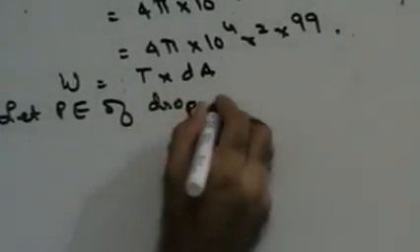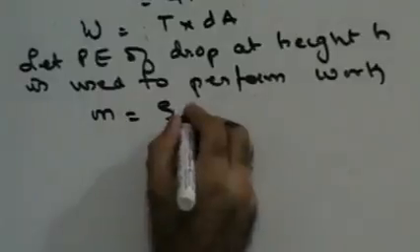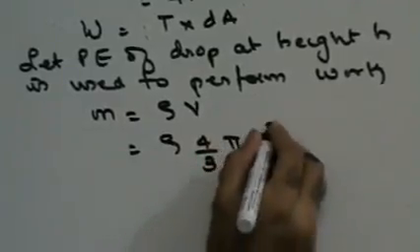Now let us assume that the potential energy of the big drop at height h is used to perform work. Mass is density into volume, and the volume of the drop will be 4/3 pi R cube.